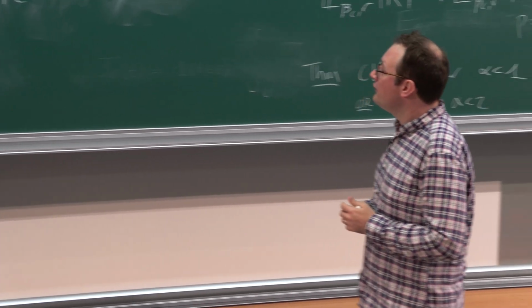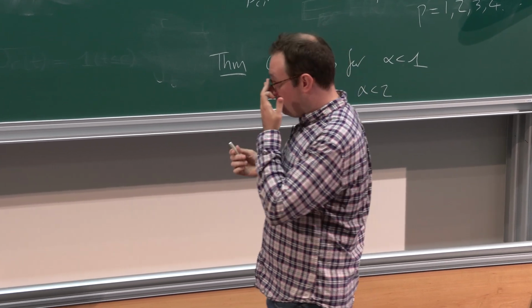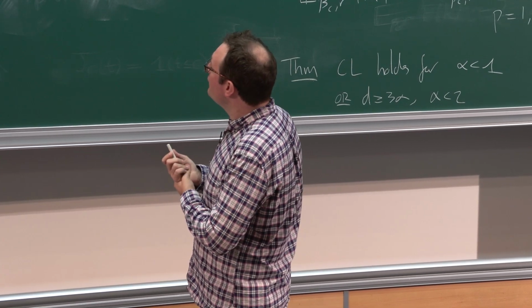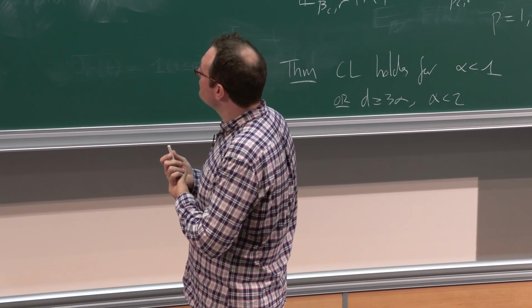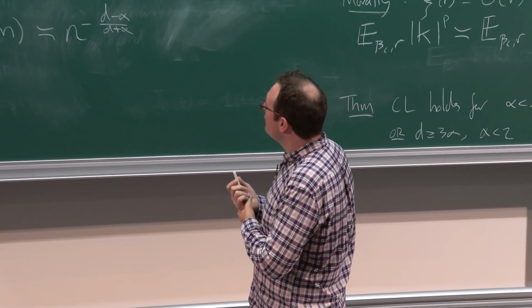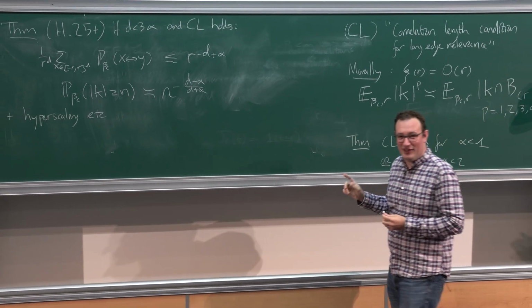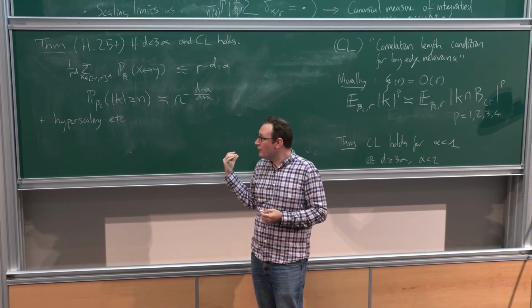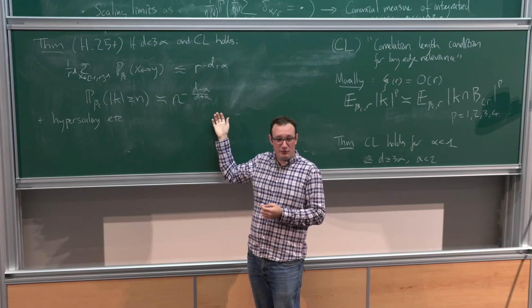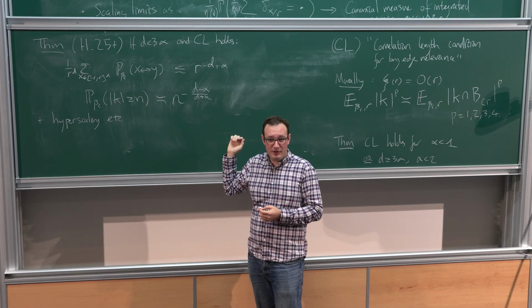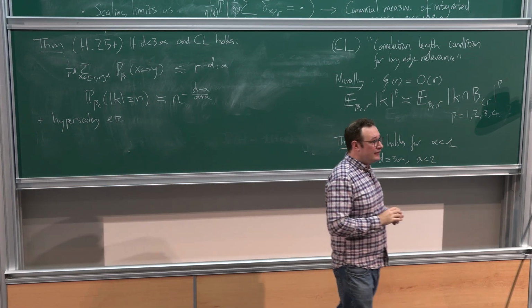Maybe I'll just say one more thing about this. Actually, I'll leave it for later. So we can get a bit closer than this towards understanding something about the scaling limit.